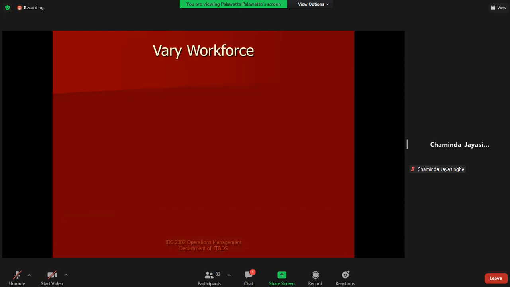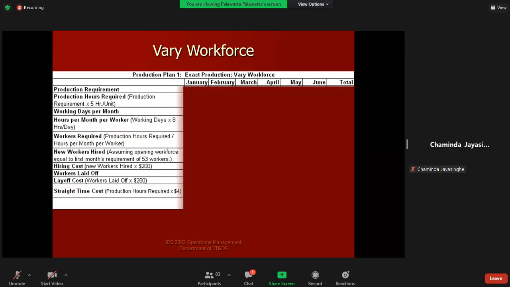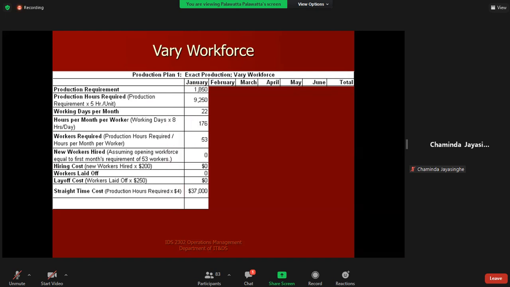So then, let's say we go for chase, varying the workforce. January production requirement is 1,850. And then we can calculate the production hours required. Production requirement multiplied by 5 hours per unit. So when you multiply 1,850 by 5, you get 9,250.